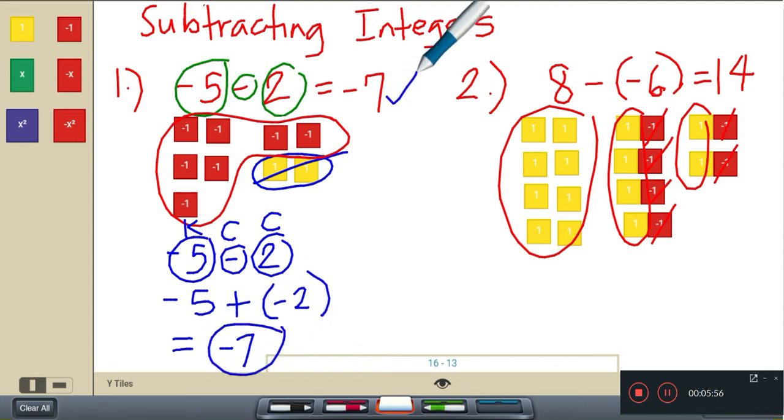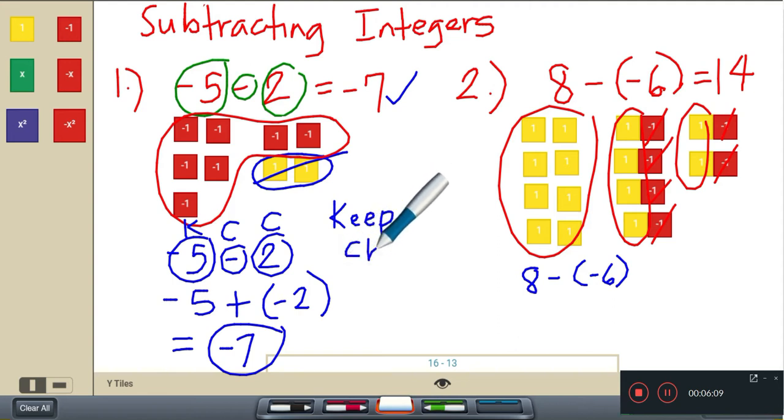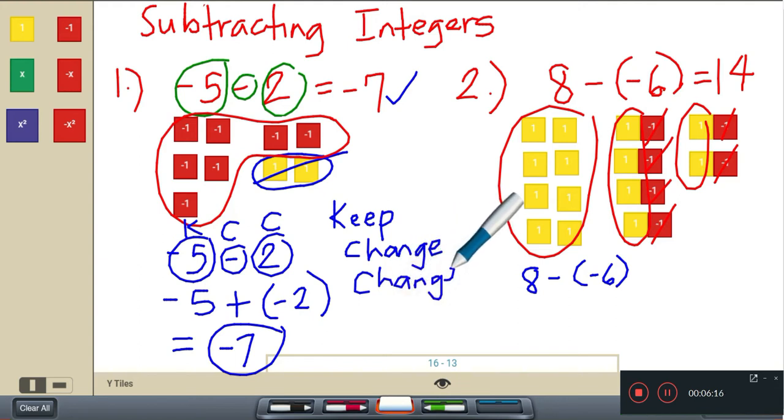Next we have 8 minus negative 6. We have the words keep, change, change. So I have here 8. Make this positive, and negative 6 becomes positive.